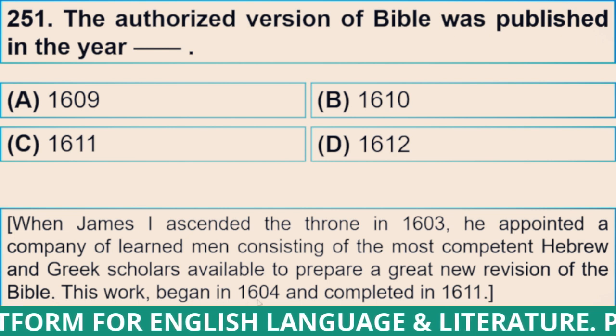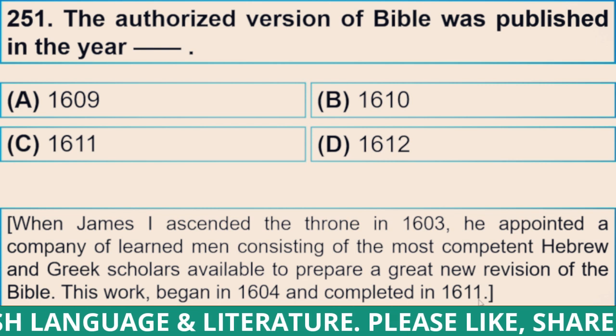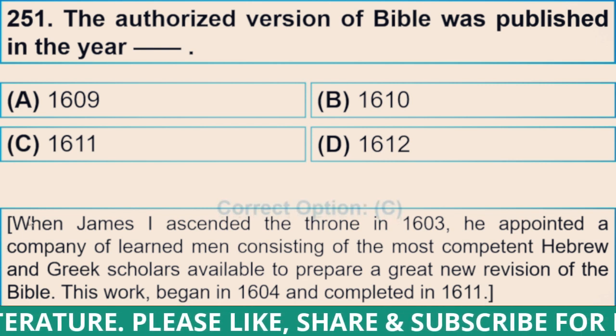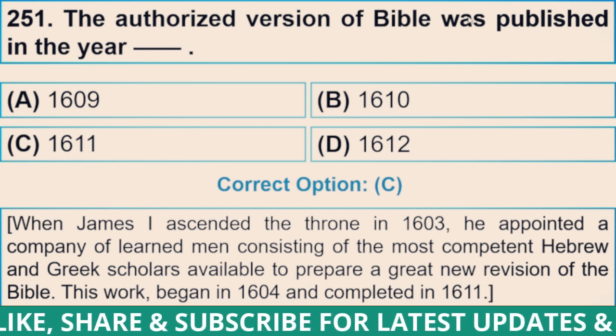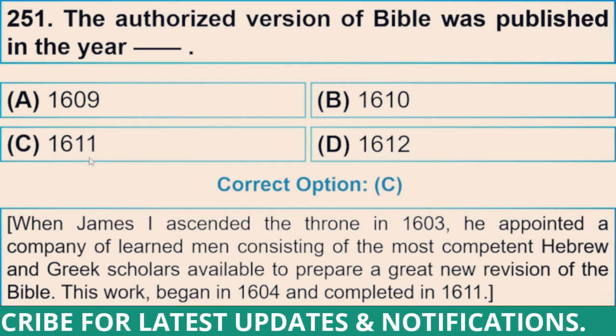This work began in 1604 and was completed in 1611. Here, correct option is C, 1611. The authorized version of Bible was published in the year 1611.